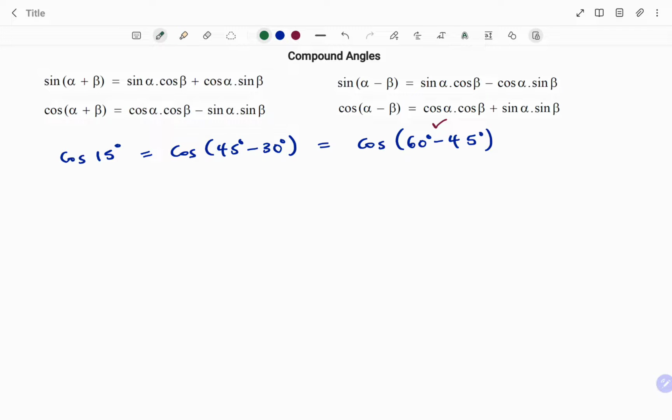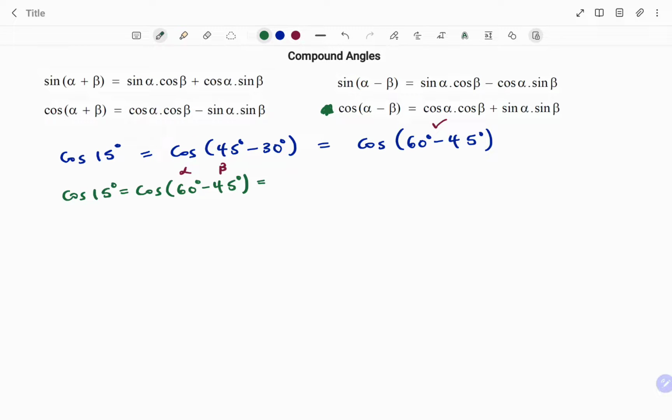So therefore, I have cos 15 degrees equals cos 60 minus 45. And if I go back to check the expansion, I'm going to use this formula, which says cos alpha minus beta. In this case, this will be my alpha, and 45 will be my beta.